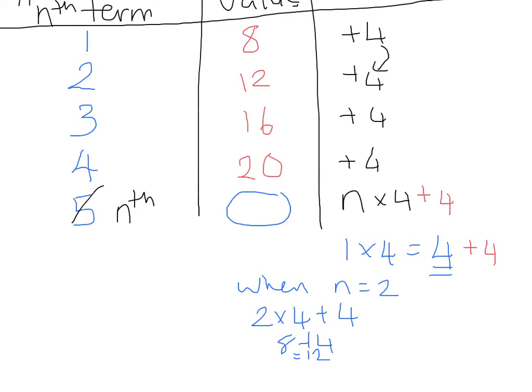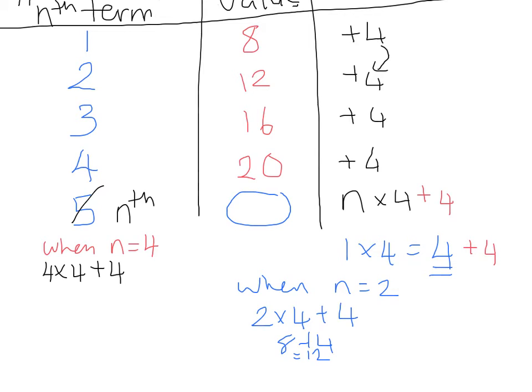So let's try another one just in case we haven't done this right. So we're going to do another check to make sure we've done this right. Let's say when n equals 4, do I get 20? So let's try that. With my expression, when my n is 4, so 4 times 4 plus 4.